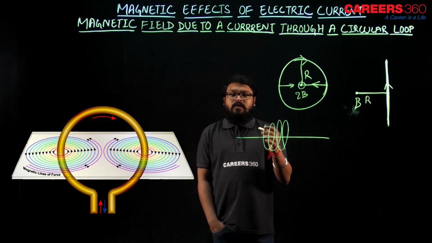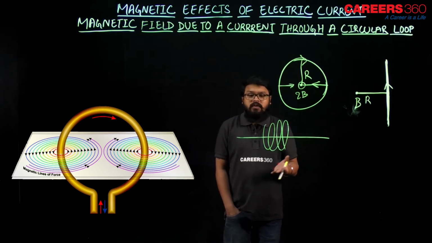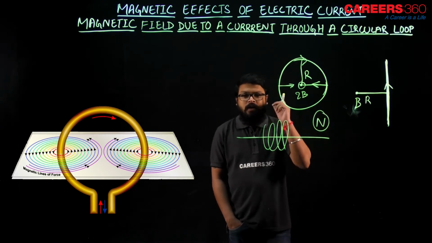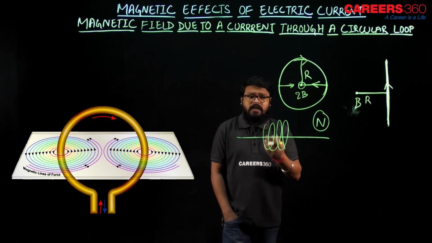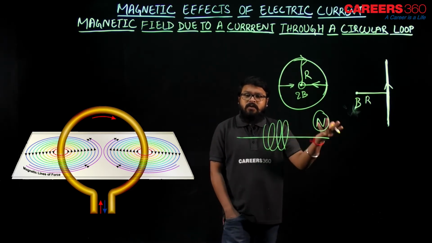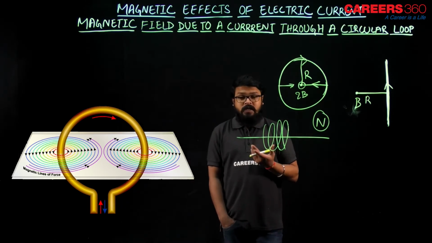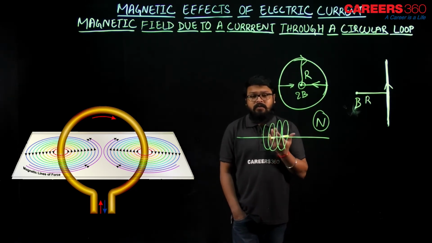By converting that loop into a coil of n number of loops, where n can be any value, 1, 2, 3, 4, 5, and so on. So if we increase the number of loops, the magnetic field intensity at the center increases.